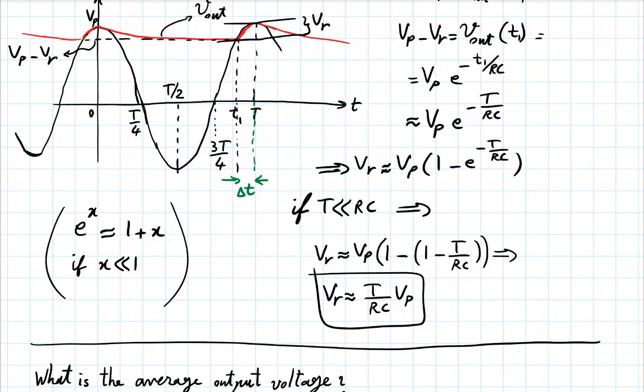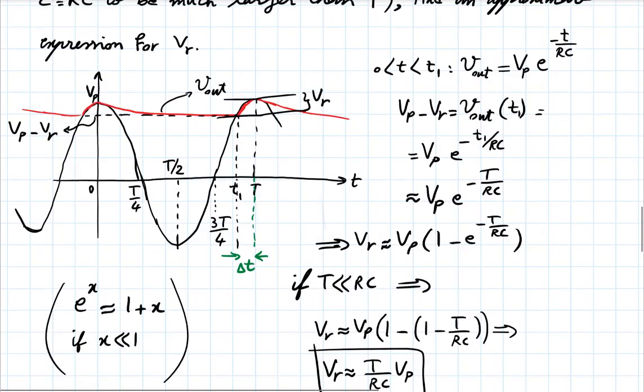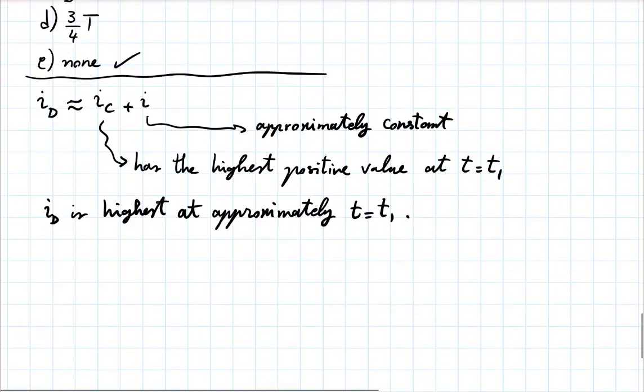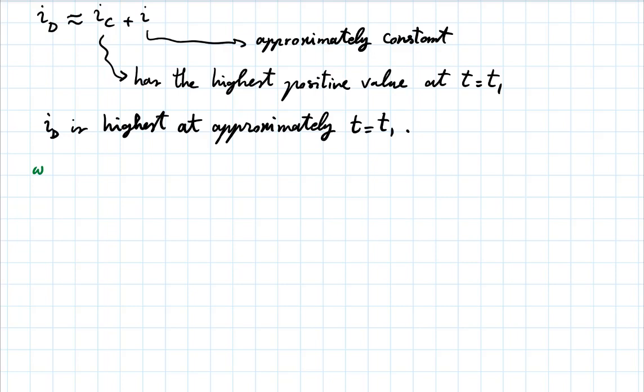What is delta t? Maybe let me mark this here. What is the diode conduction interval?